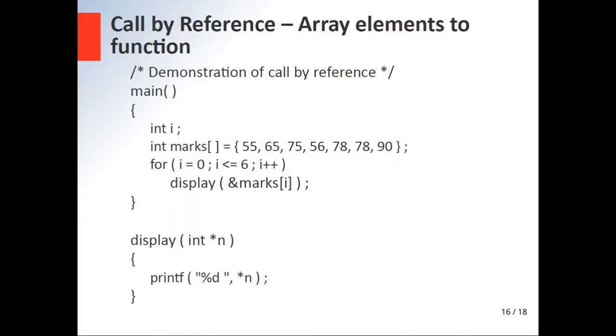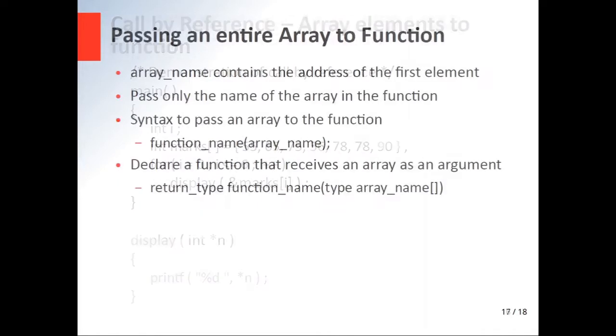So in call by value, we are passing the value as it is available in the array, whereas in call by reference, we are passing the address location of each element in the array to the function. That's the difference between call by value and call by reference method.